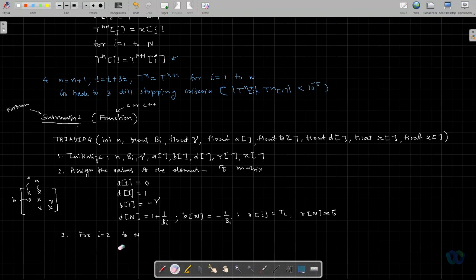Interior points have a certain pattern, isn't it? So assign the values for i equals 2 to n minus 1.